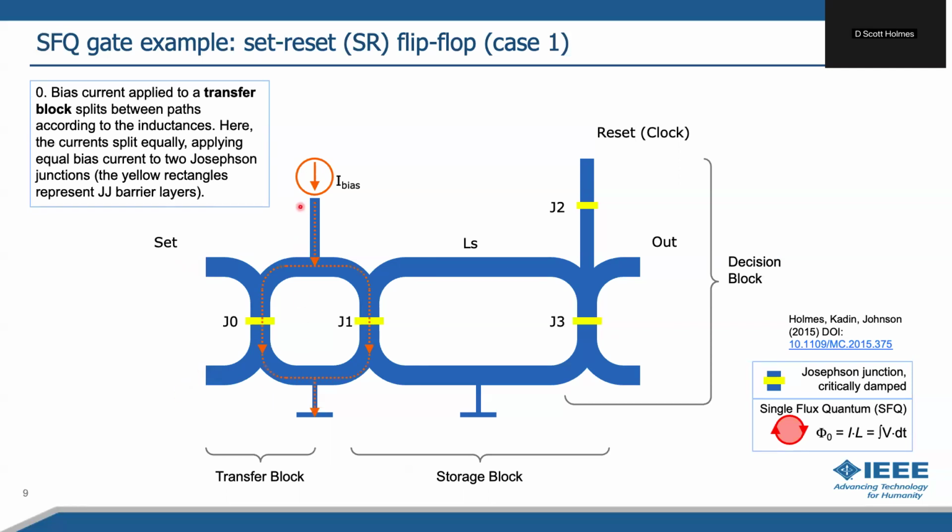You'll see that we applied a current, it went down, and there are no resistors in this circuit, but the current splits through each of these branches based on the relative inductance of the branches. In this case, the inductance is the same. We put it down the middle, and we get the same current through these two junctions, J0 and J1.